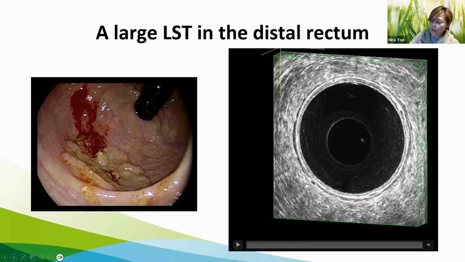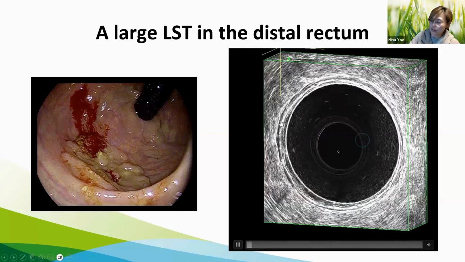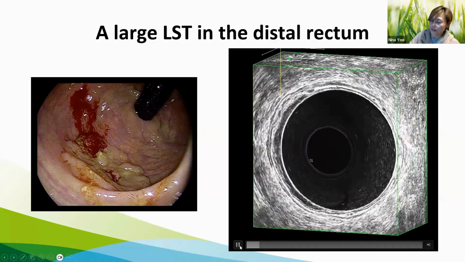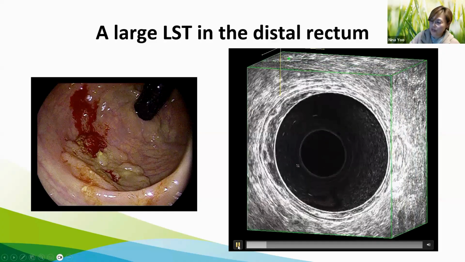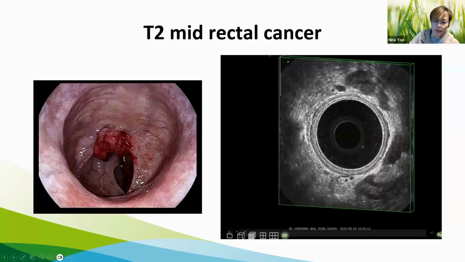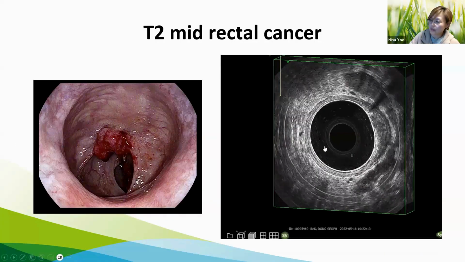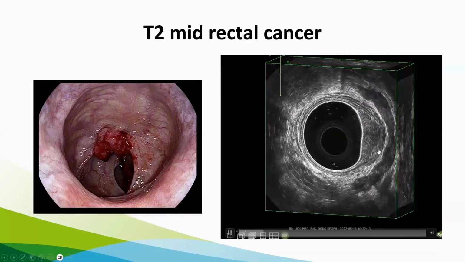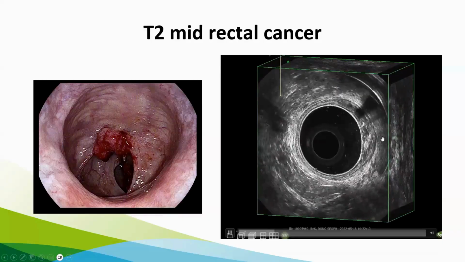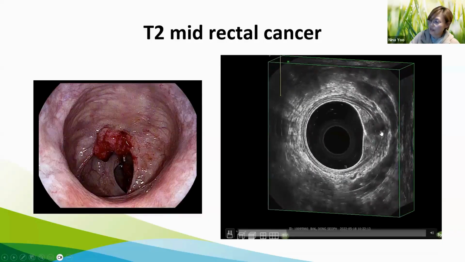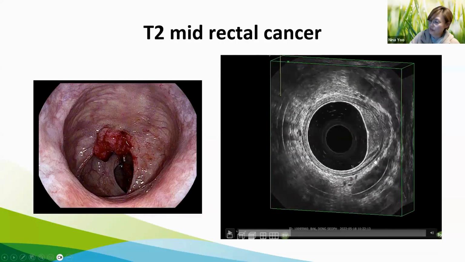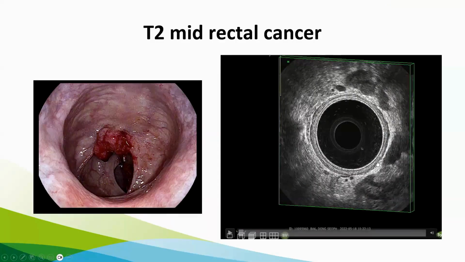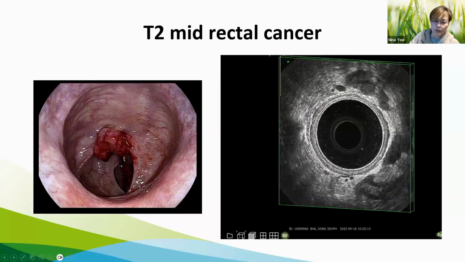You can actually use these layers to define the T stage. The next example, like this here: the tumor is located right here, right at the muscle layer. And the node.